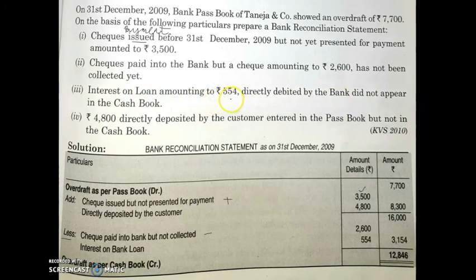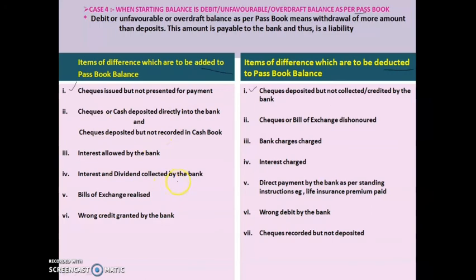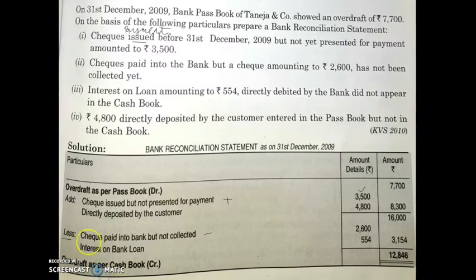Okay, so just look into this. Charges or interest charged. So interest on loan is charged on you. So what is done? Interest on loan is on the deduction side, you have to show that amount. So just see, interest on bank loan has been shown in the deduction side, 554.